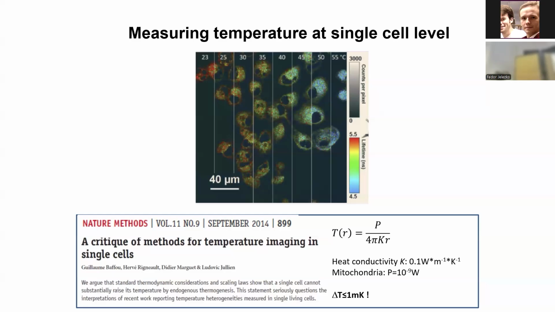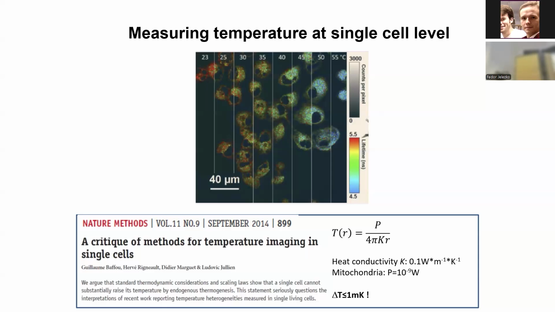This technique has reported enormous temperature gradients sometimes, up to a few Kelvin existing inside of cells, and this also provoked a discussion in the community. This is one of the discussion papers saying that measured results of very high gradients inside of cells are not compatible with the thermodynamic model of the cell.